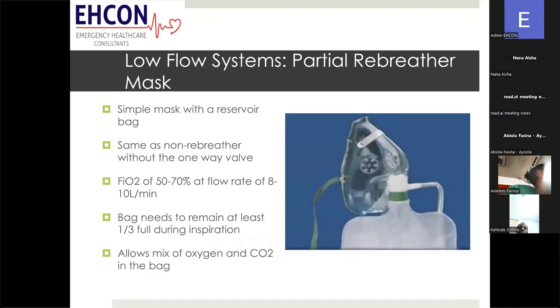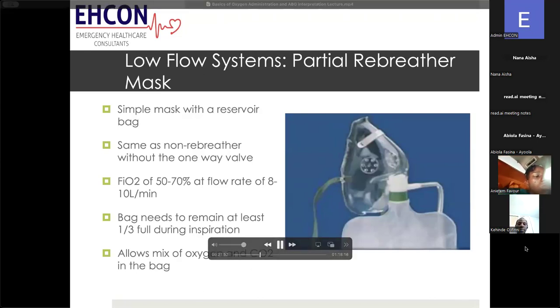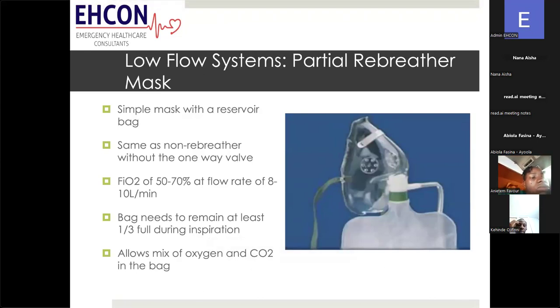There's a little bit of an admixture going on with the partial rebreather so that things are mixing within the system. And that is why it's not able to deliver more than 70% FiO2 with the best respiratory dynamics. Sometimes if the oxygen is not coming from the reservoir because there isn't a lot, the patient can also pull oxygen from these exhalation ports because remember, there isn't a valve to control one-way flow of oxygen with the partial rebreather mask.